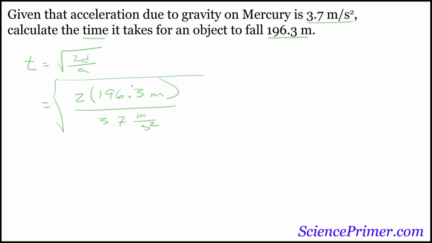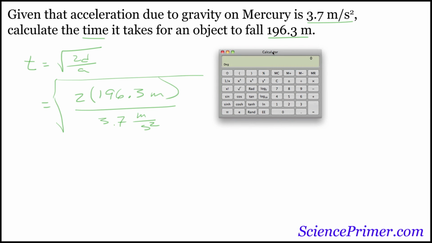So let's deal with the numbers and the units separately, but I will solve for units again just to make sure that what we did makes sense and we get the proper units, which is a very good way to make sure that the manipulations you did with the variables are appropriate, because if you did it right, you should always end up with the units you were looking for. So 2 times 196.3 divided by 3.7 equals 106.1, and then we need to take the square root of that, and we end up with 10.3.